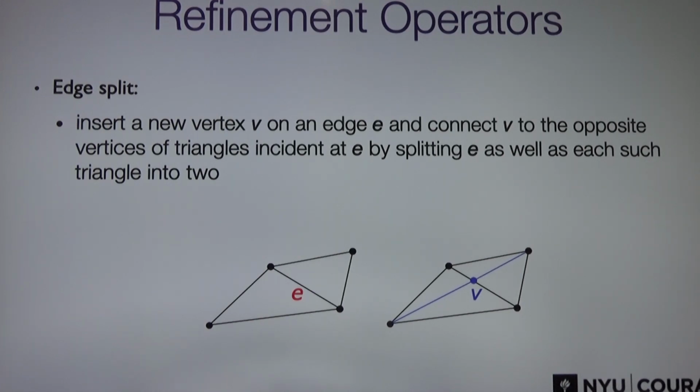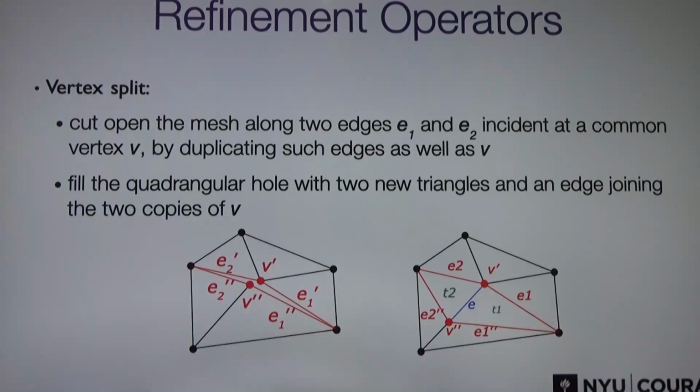As you can see, both these operations, vertex split and edge split, will get us 2 to 3 times more triangles here. This means that we can adjust the positions of these vertices and the length of the edges in such a way as to represent our surface more finely.